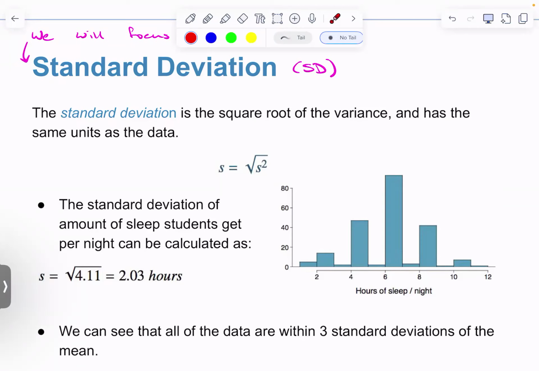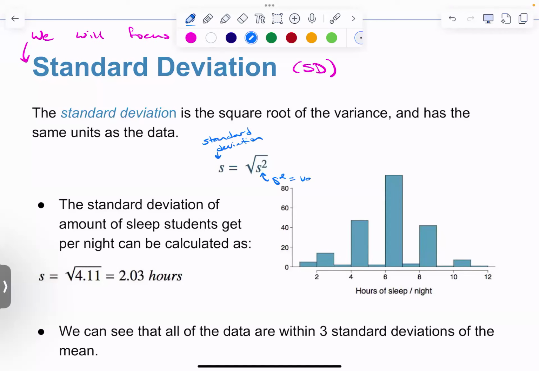If you have s, which is your standard deviation, and s squared is the variance, you can take the square root of the variance and get back to s. Same thing, if you have your standard deviation, you can square it and get back to the variance. So you can move between the two.